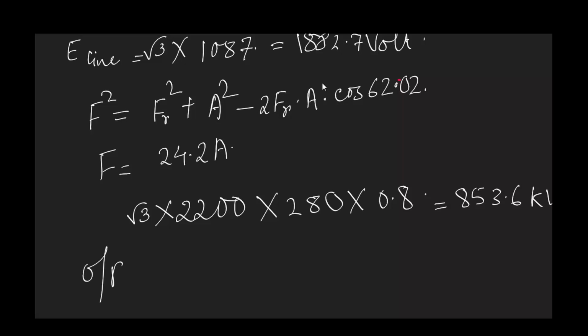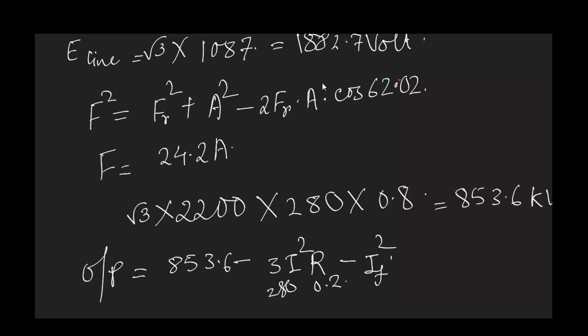Output will be this input minus 3I square R. So I is your 280 and R is 0.2, minus IF square RF.